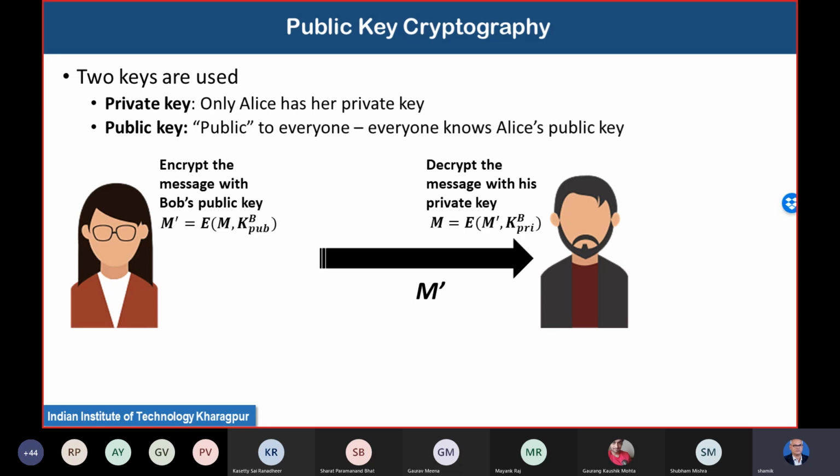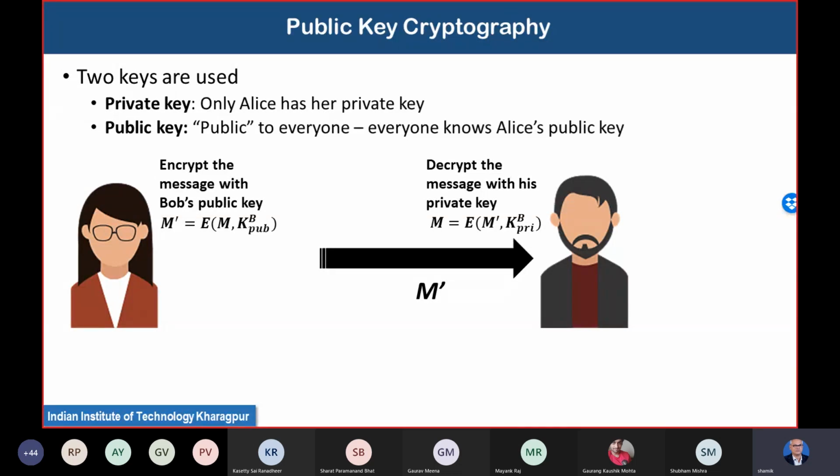Now this M prime is transmitted from Alice to Bob, and this transmission could be over any link where there could be an attacker trying to snoop and able to get M prime, but from M prime one can get back to M only by using the private key of Bob, which is kpriv B.